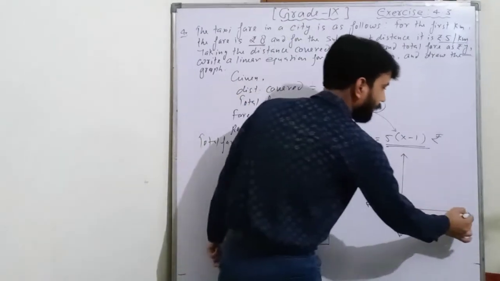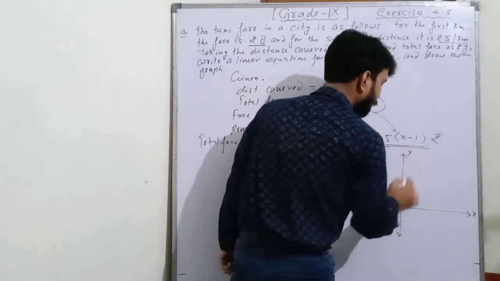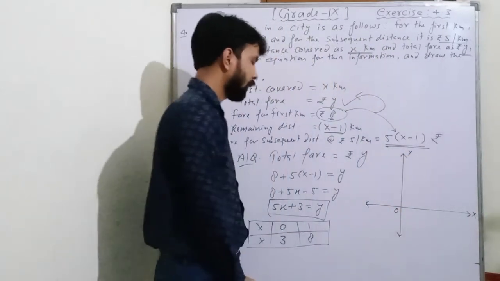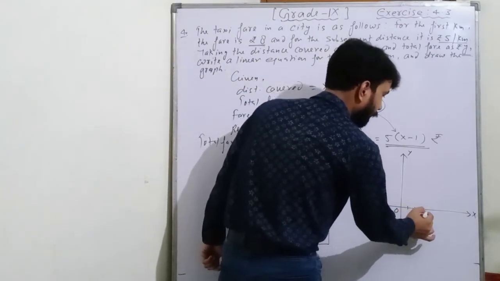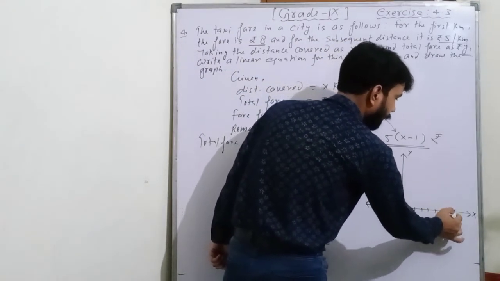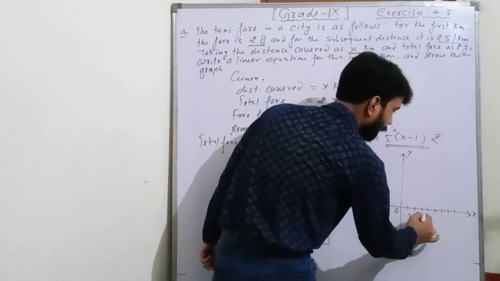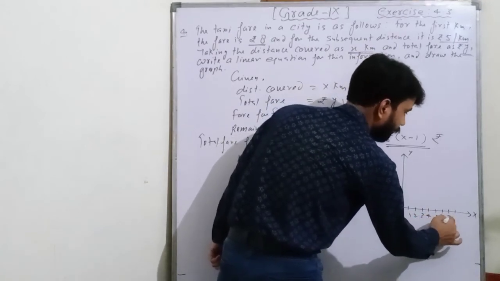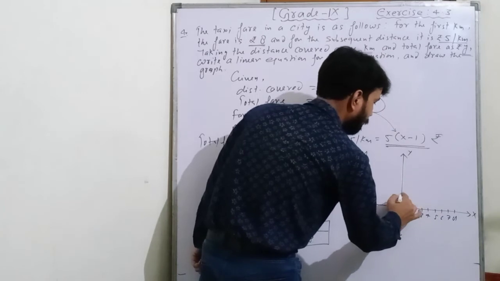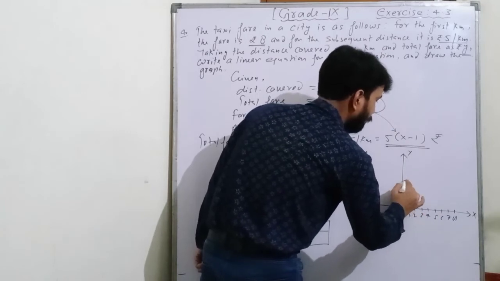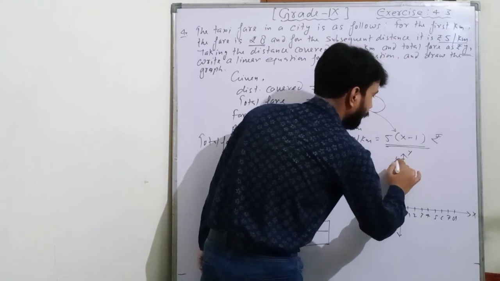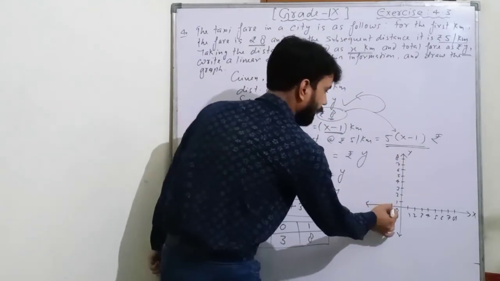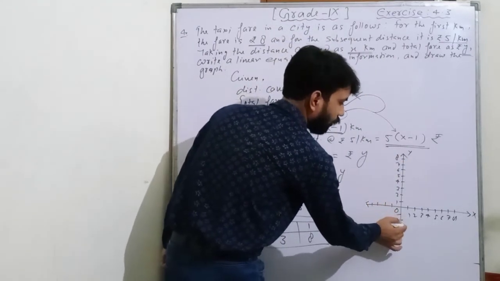These are the coordinate axes, x, y, and this is origin. Now we will have to mark the points 1, 2, 3, 4, 5, 6, 7, 8. Similarly 1, 2, 3, 4, 5, 6, 7, and 8. Similarly we have to mark the points here and here also.